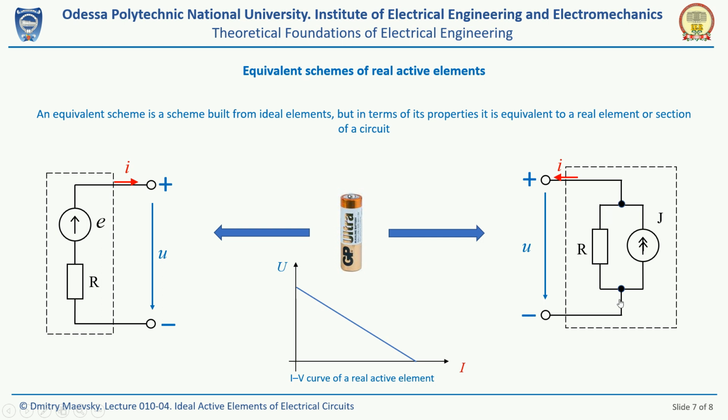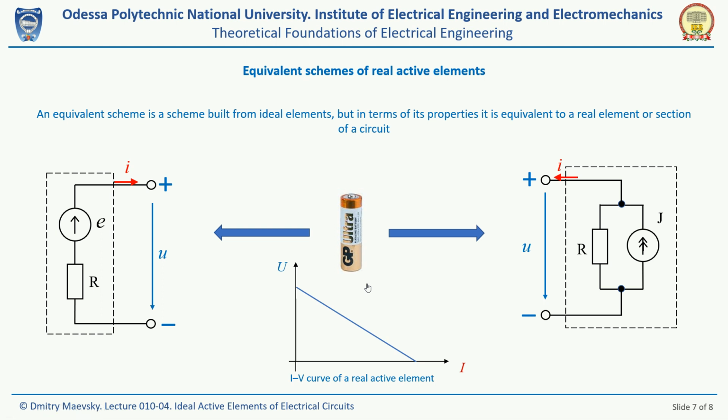Please note that one real active element is modeled with two ideal ones. That is, this equivalent scheme is complicated. But, as we will see later, thanks to the ideality of the elements, its analysis will not be difficult.